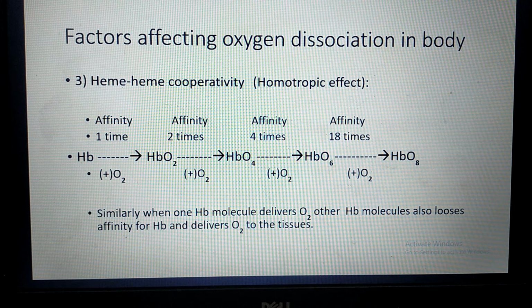Suddenly, the remaining 3 subunits lose their affinity towards oxygen and they start giving oxygen to the tissue, so that 4 more oxygen molecules can be delivered to the tissue easily.